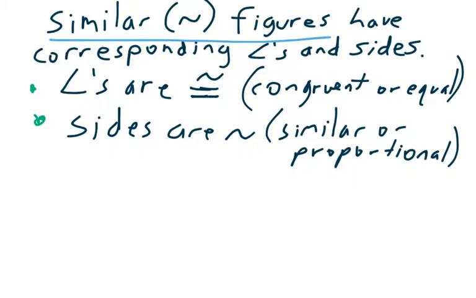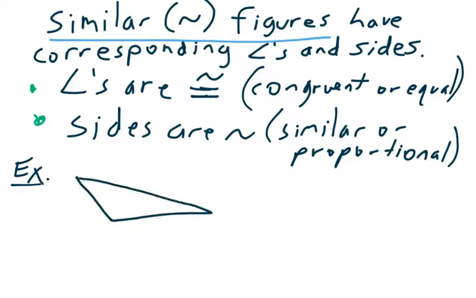So let's do an example with that. Let's go ahead and draw an obtuse triangle with me. And we'll call this W, X, Y. I know, real creative, right?